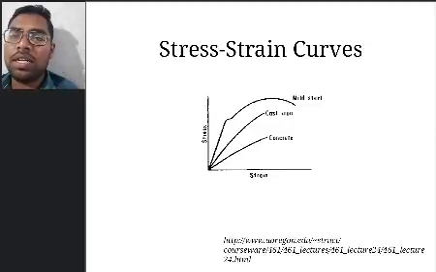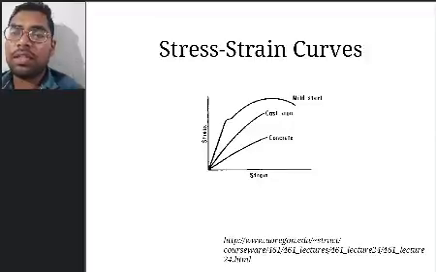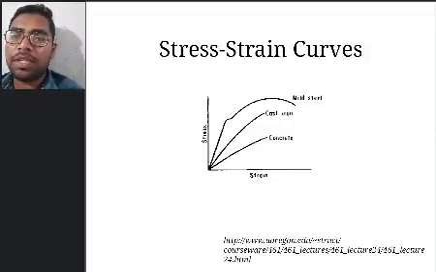As the load increases, the stress and strain also increase. The second one is elastic limit. Elastic limit is beyond proportionality limit, up to where the object can regain its shape even when the load is removed.